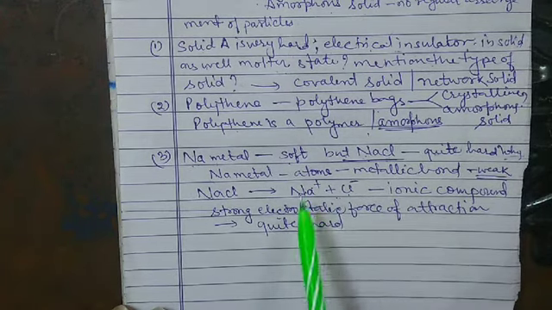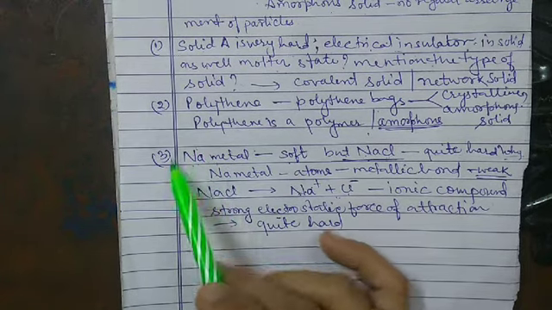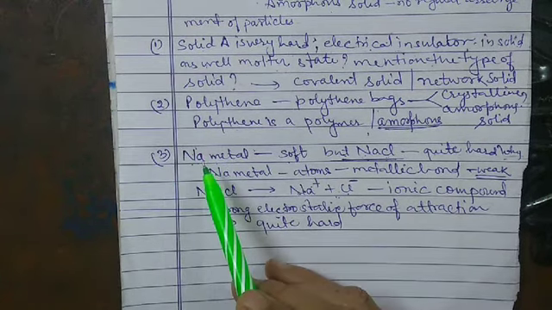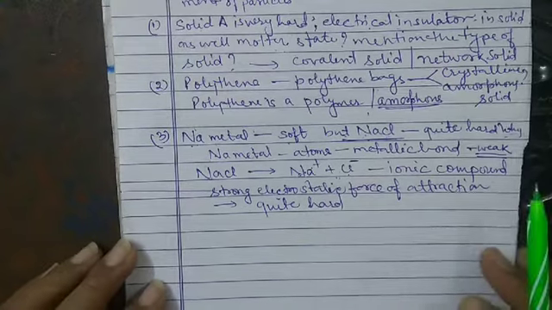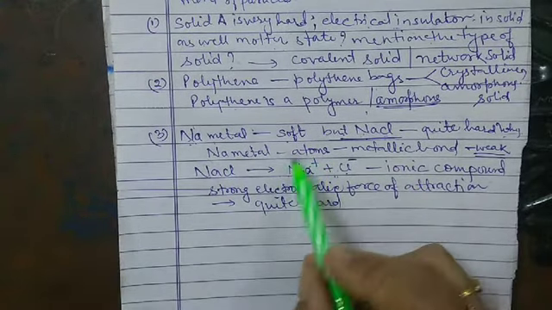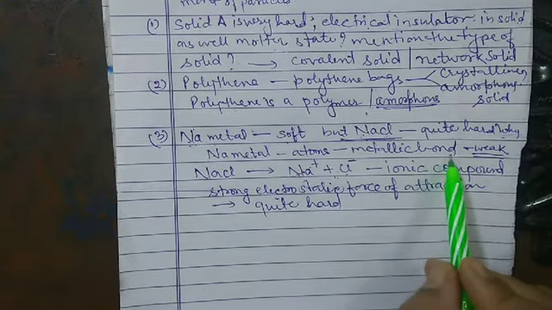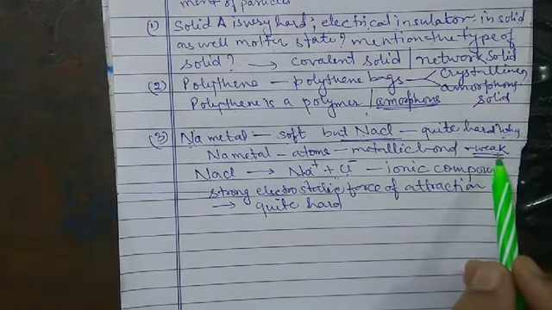So this is the reason why, as we have heard many times, sodium metal is a soft metal. But what is the reason behind the softness? The reason is that the atoms of sodium metal are held together by a metallic bond, which is a weaker bond.